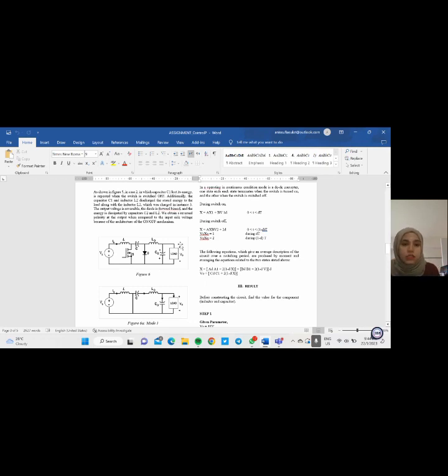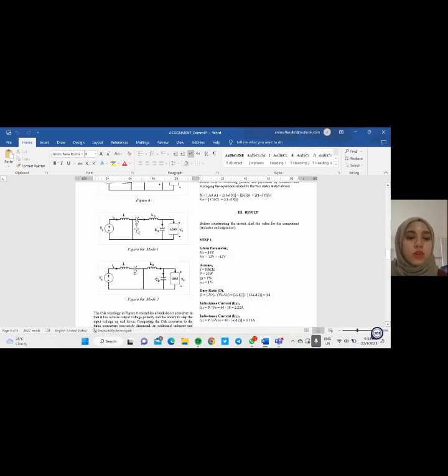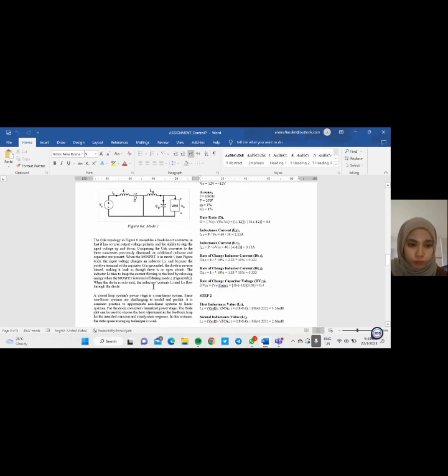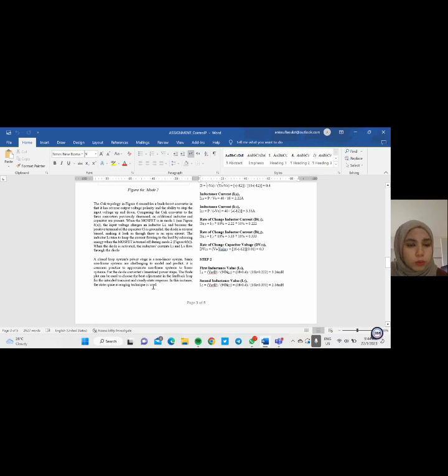This is figure 6A for mode 1 and figure 6B for mode 2. The Cuk topology in figure 6 resembles a buck-boost converter in that it has reverse output voltage polarity and the ability to step the input voltage up and down. Compared to the three converters previously discussed, an additional inductor and capacitor are present.